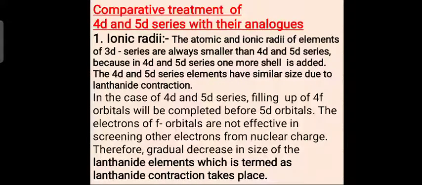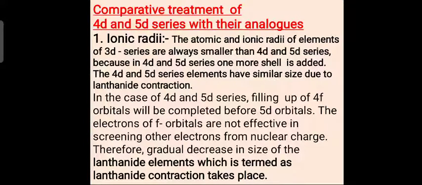The 4d and 5d series elements have similar size due to lanthanide contraction. You are going to study what lanthanide contraction is in the next part. In the case of the 4d and 5d series, the filling of 4f orbitals will be completed before the 5d orbitals.